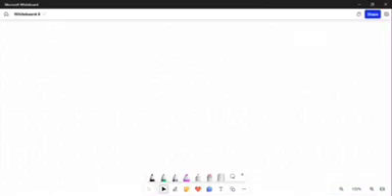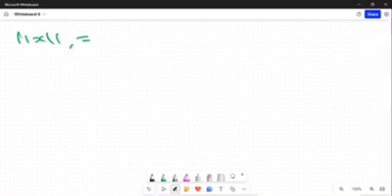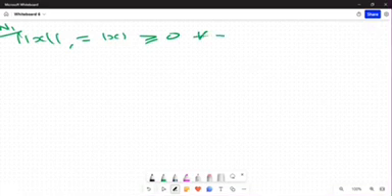So we are trying to show N1, where norm 1 is the absolute value function. What do we know about this function? It is always greater than or equal to 0 for all x in X. That's one thing we know about the absolute value function.